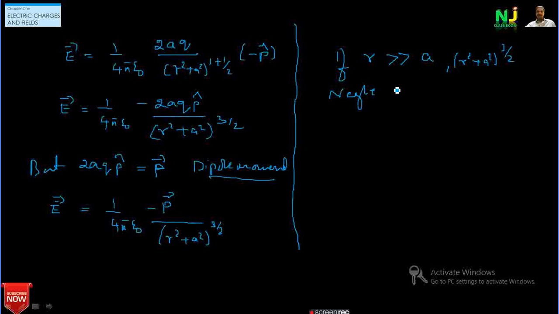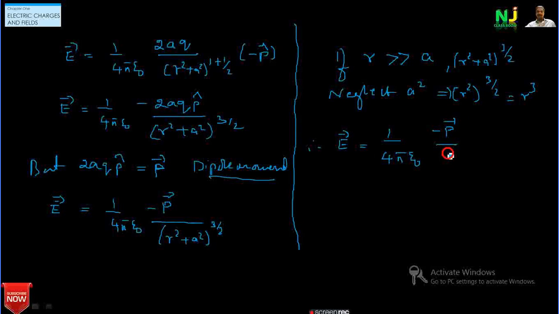So it becomes R square to the power of 3 by 2. Square and square root cancel. It is equal to R cube only. So our final expression for the electric field due to a dipole is E is equal to 1 by 4 pi epsilon naught, minus P vector divided by R cube.